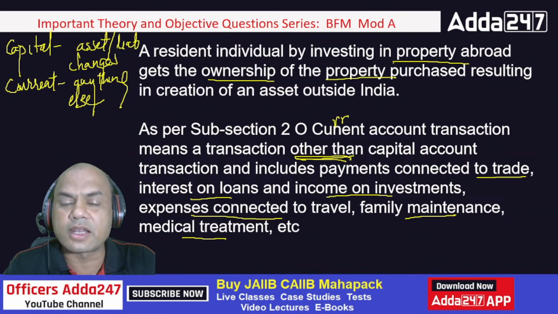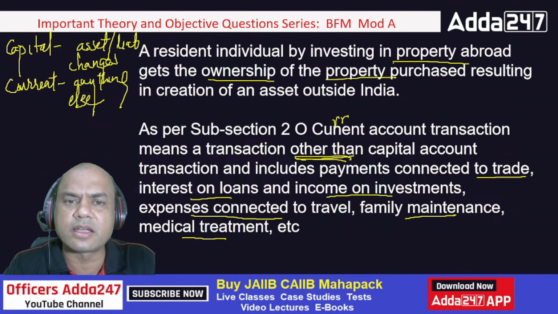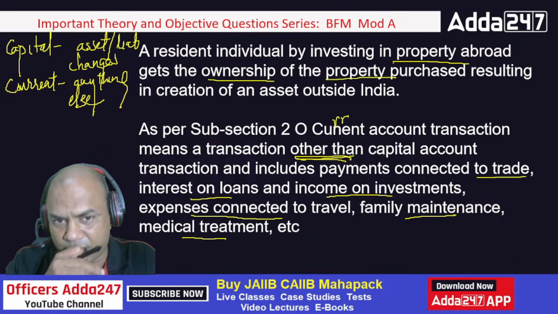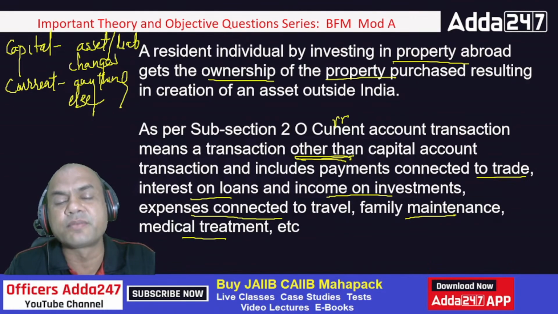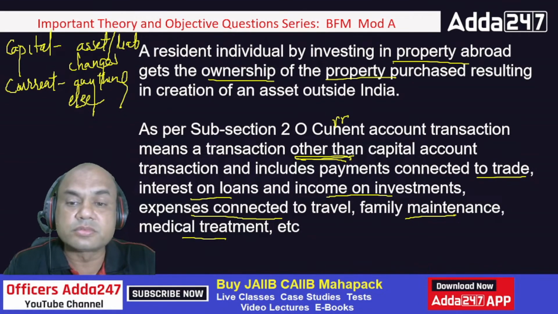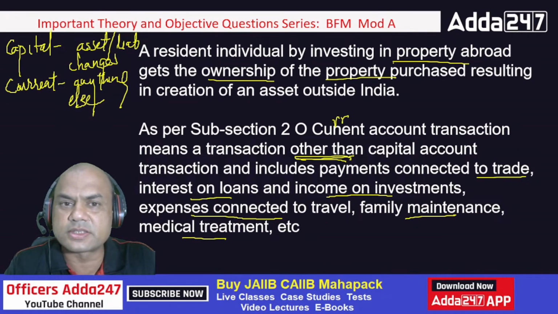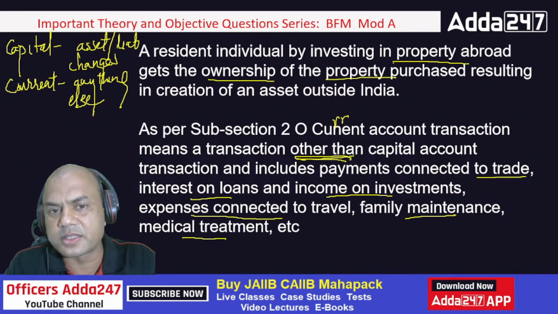So under LRS they have not kept it separate, no medical this much, this much. They simply say anything under the sun, anything under this LRS, bring it, 2,50,000 USD. You can send them outside. So capital and current account: capital means it should change the asset and liabilities, and current means anything else.